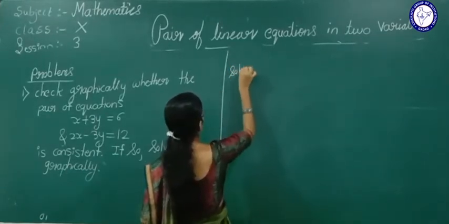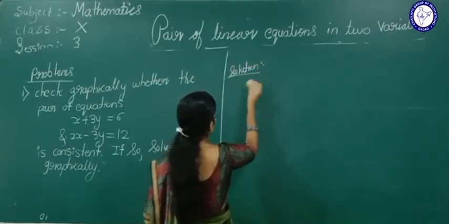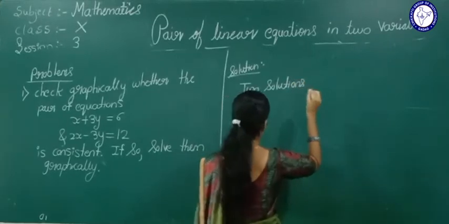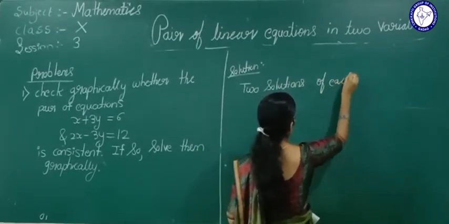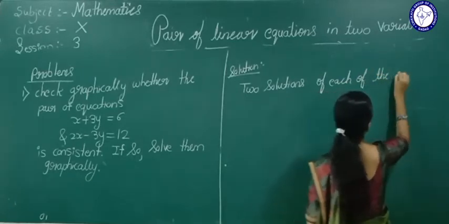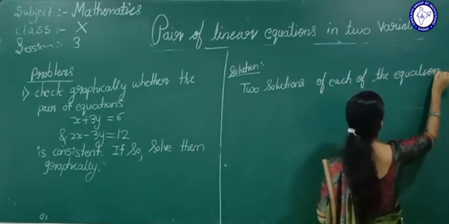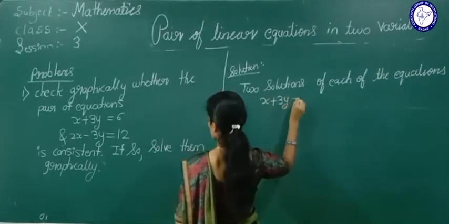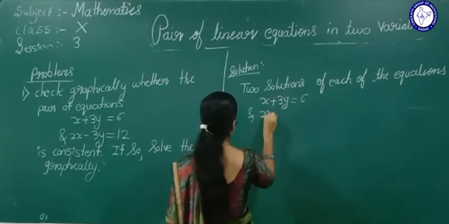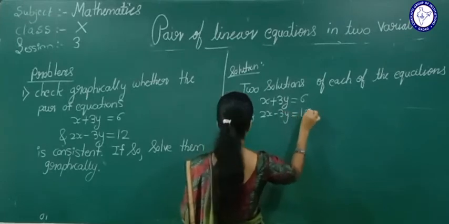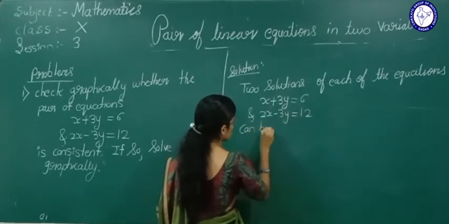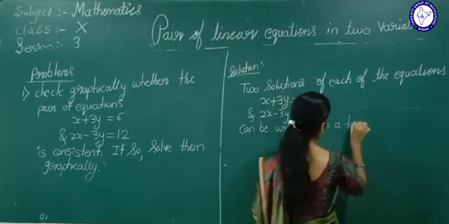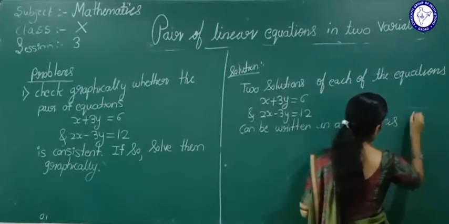Let's see a solution. Two solutions of each of the equations x plus 3y is equal to 6 and 2x minus 3y is equal to 12 can be written in a table as follows.